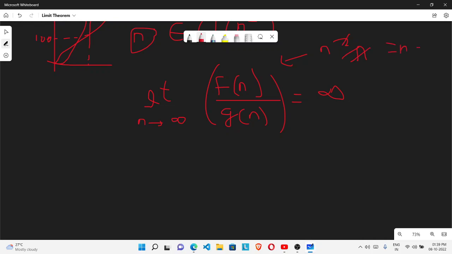And when n tends to infinity, it becomes infinity, right? Or if you have n cube also, then you get n square, same situation. So in this case, we can say that the first function is bigger. So f of n belongs to best case of g of n.